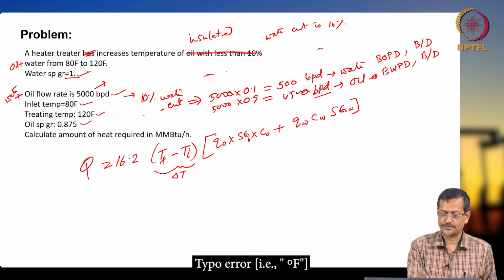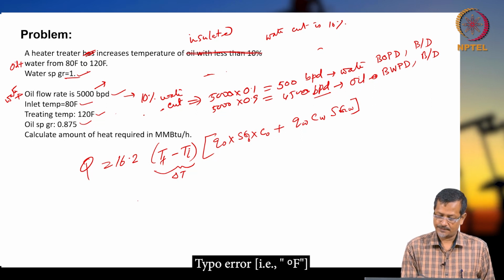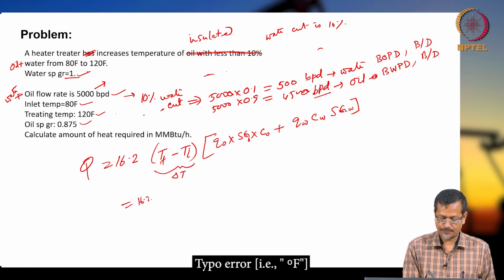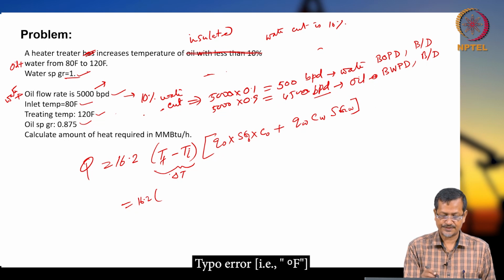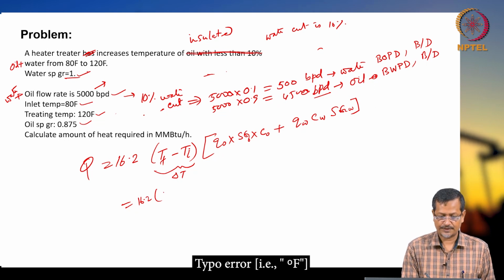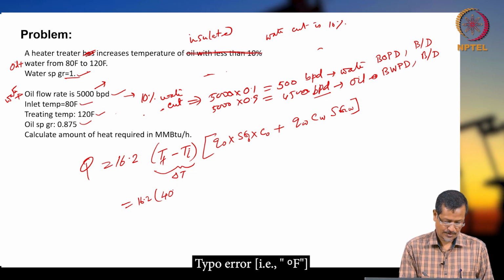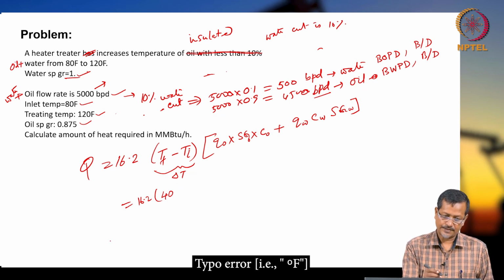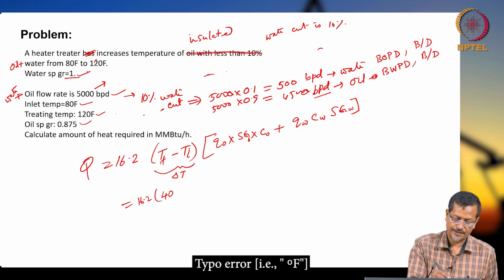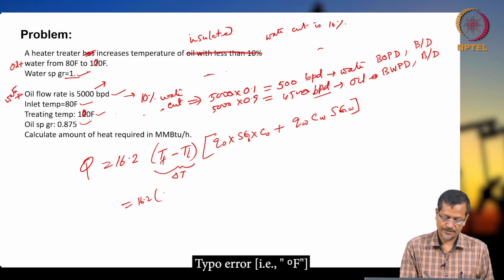Now we will put the values: 16.2 and the temperature difference increase 80 to 120 degree Fahrenheit, that means 40. To make it easier, 80 to 100, so it is 20.